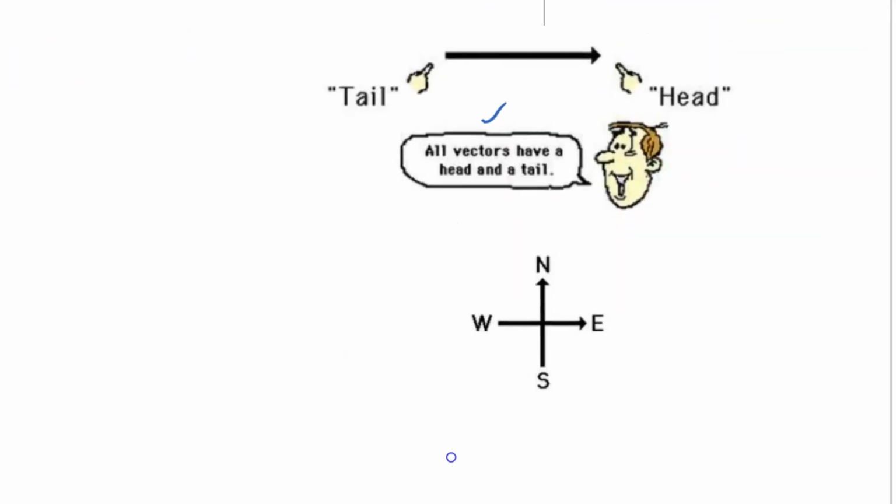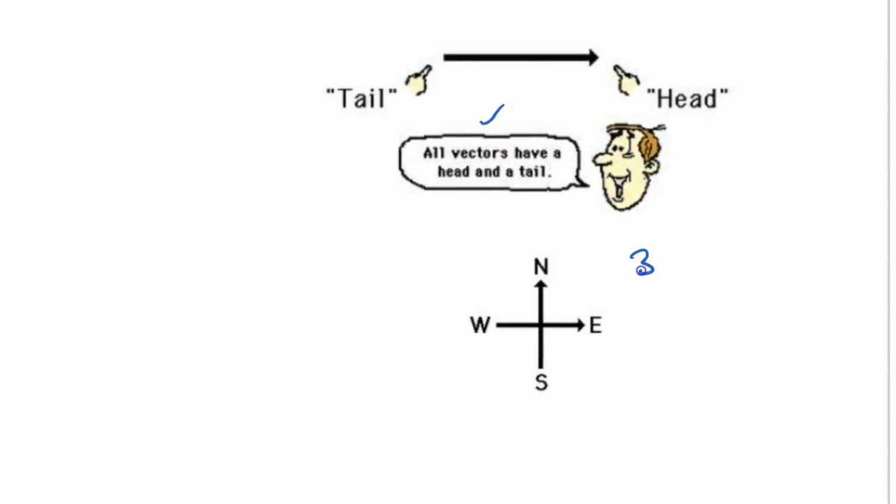So looking over here, 30 degrees north of west. First you say, I'm going to point myself west. So I'm going to point myself this way, west. And then I want to rotate 30 degrees north of that. So if I rotate 30 degrees north of west, that's what that looks like, okay?